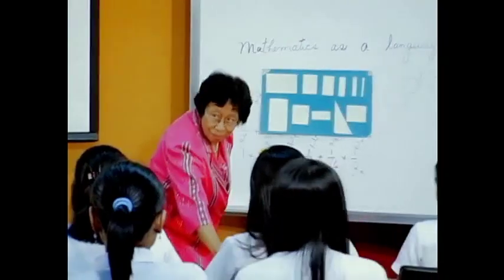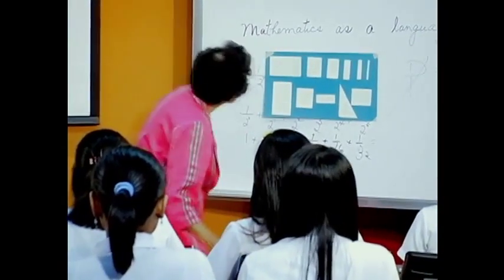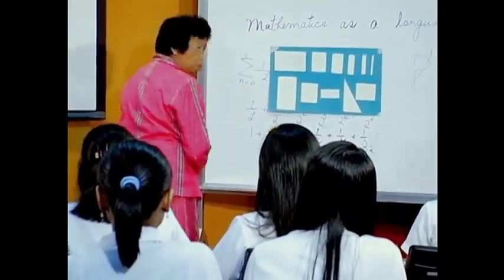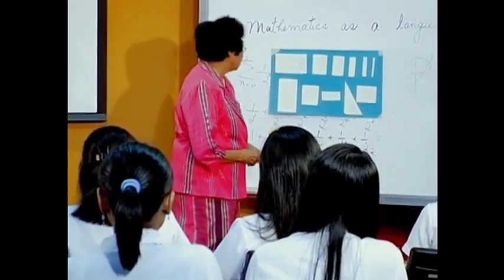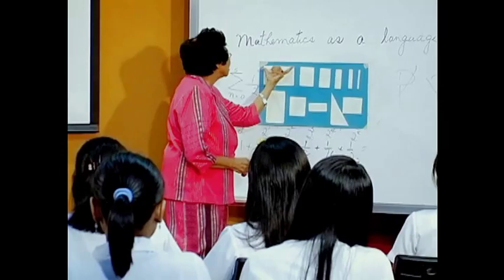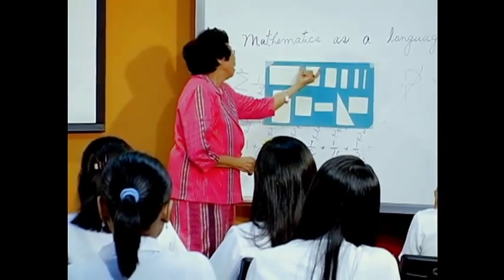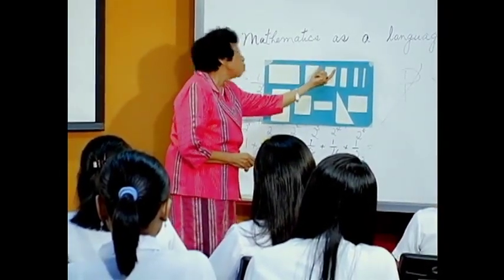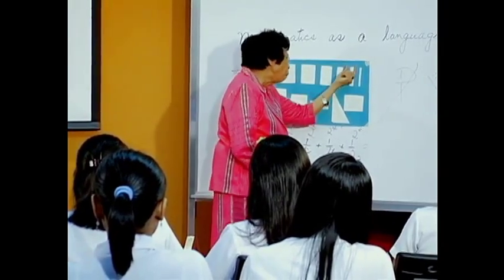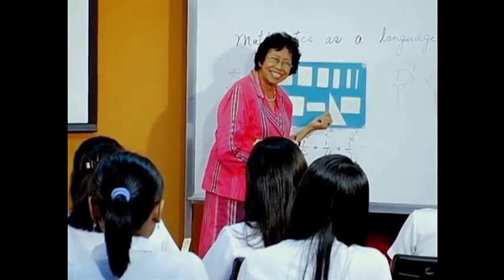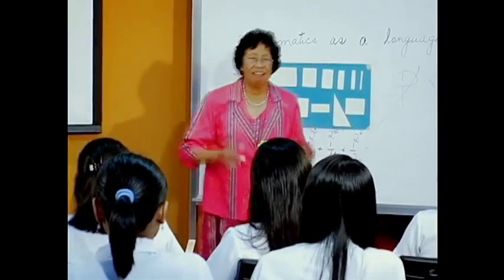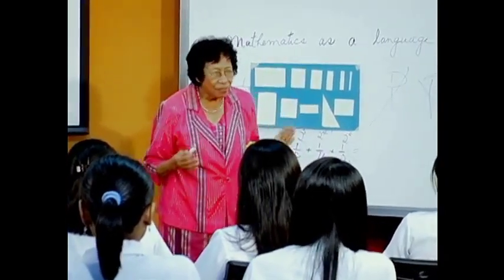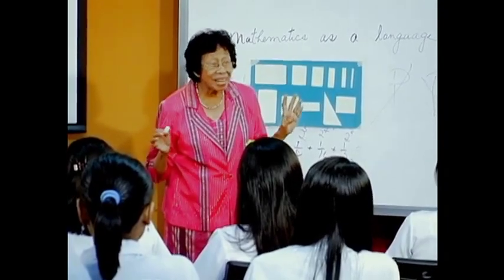The source is this. So they come from all the sheets. But what varies? What differs? The width, right? This is very wide, slightly wide, little less wide, narrow, narrower, narrowest. So you see, math is a language. You have to use language to compare.